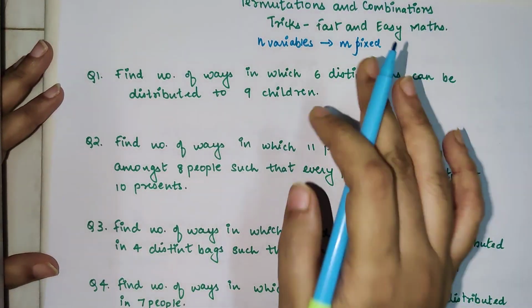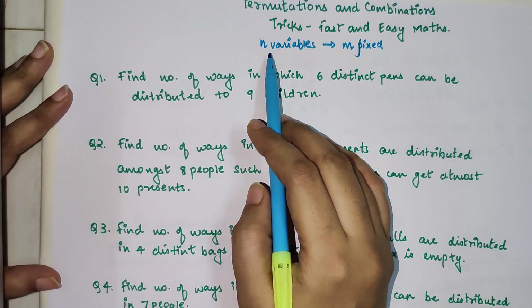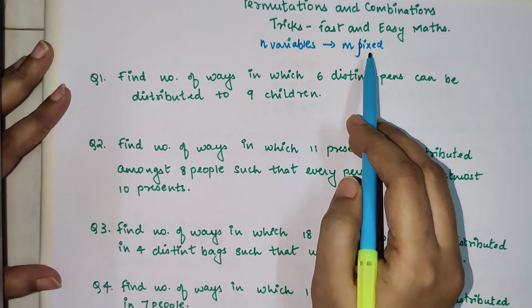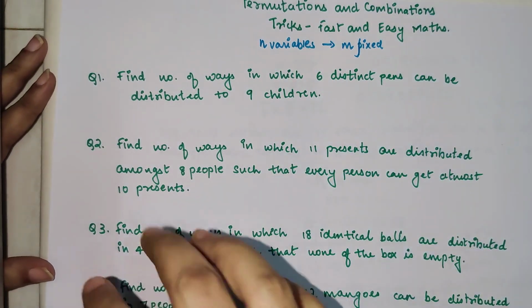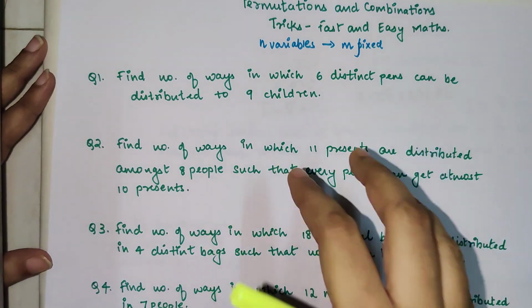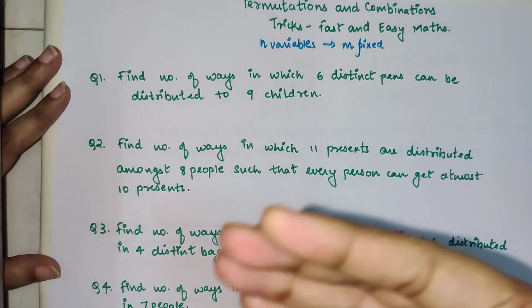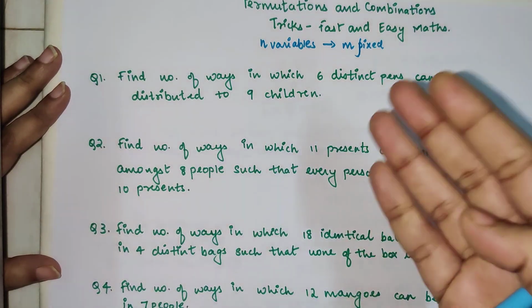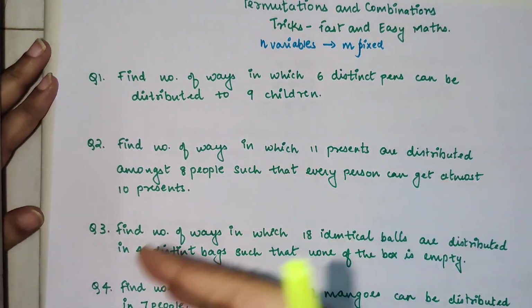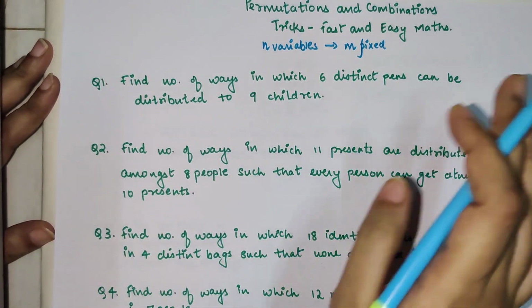Now this is very important. You need to know what your variables are and what your fixed are. Your variables are the things which are getting distributed, and your fixed are the things where these things are going to get distributed to. Sometimes it is people, sometimes letter boxes, sometimes baskets. I hope you got my point.